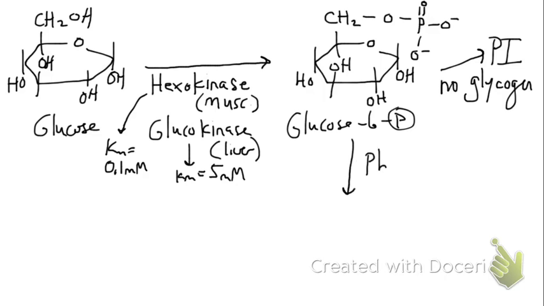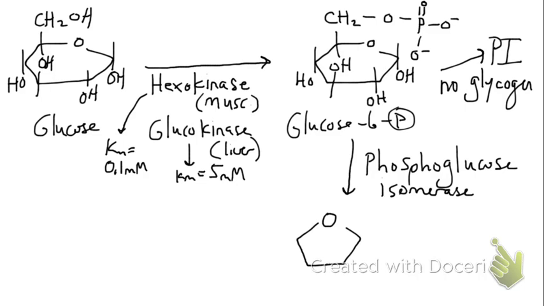So now we have glucose 6-phosphate through an enzyme called phosphoglucose isomerase. In some books you read this enzyme is known as phosphoglucoisomerase. Either phosphogluco or phosphoglucose, both of them are correct. Since it's an isomerase, it's going to change the way these things are bound, and you're going to make this molecule.